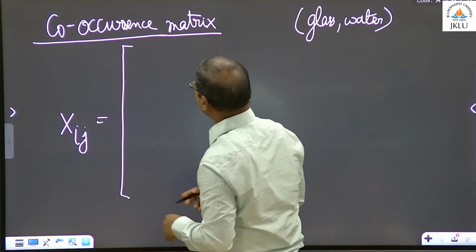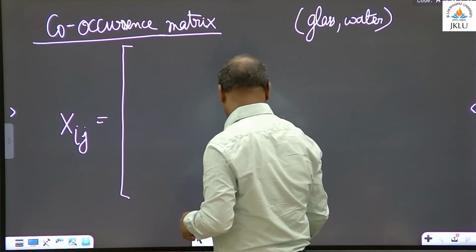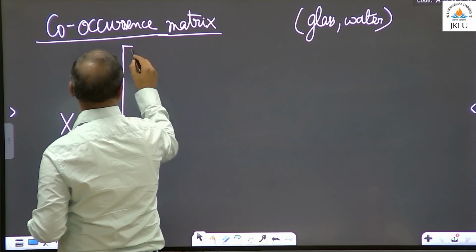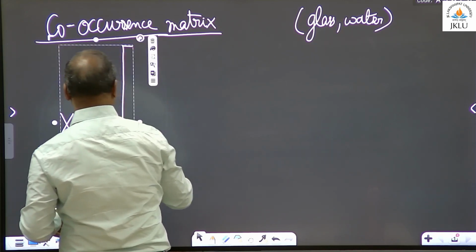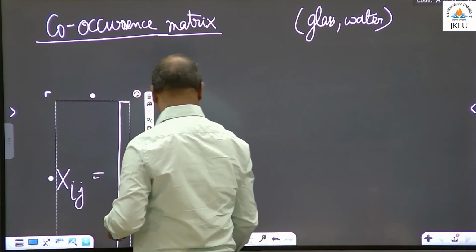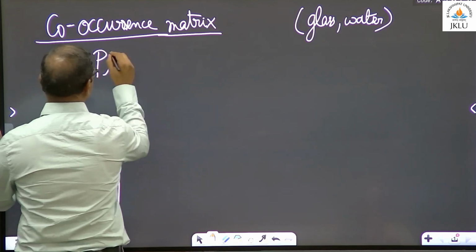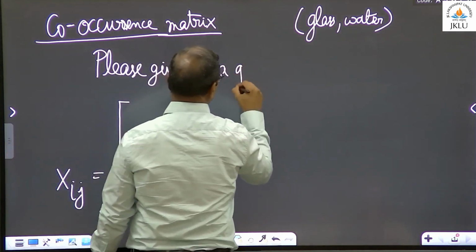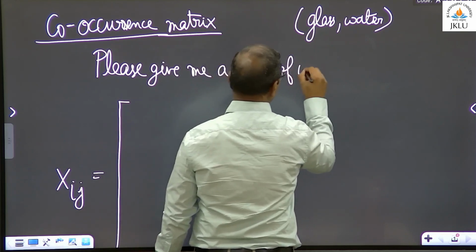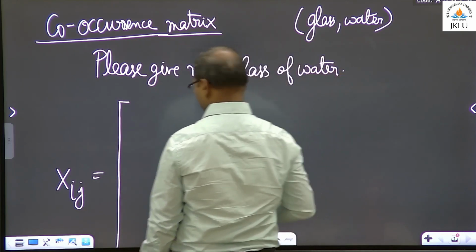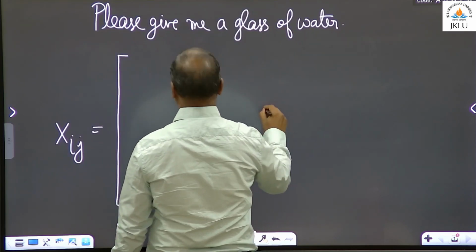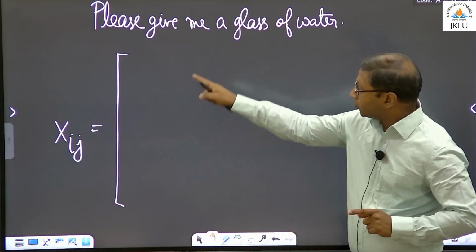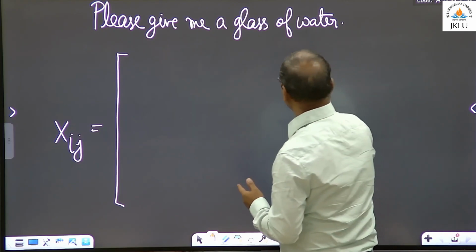So again, our example: our corpus is still "please give me a glass of water." Now, what will be the size of this Xij?